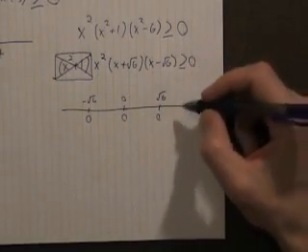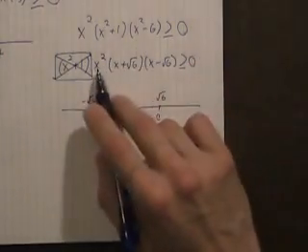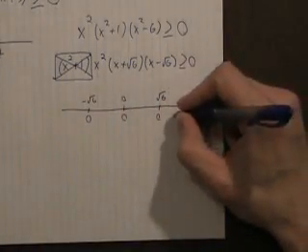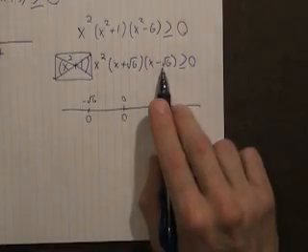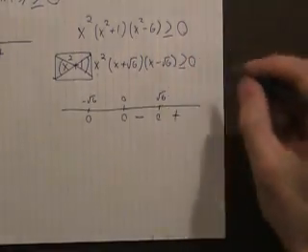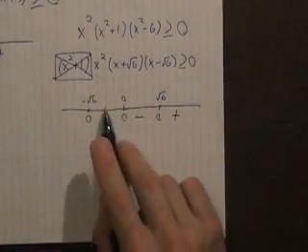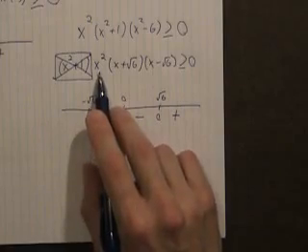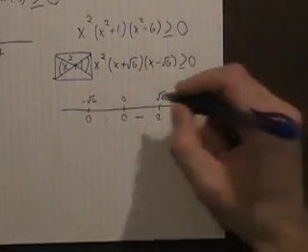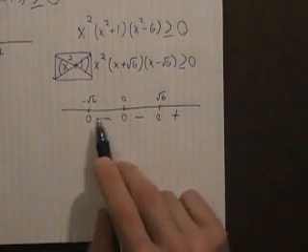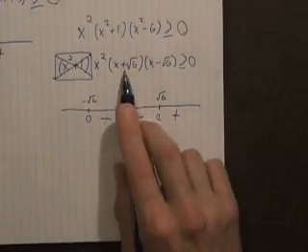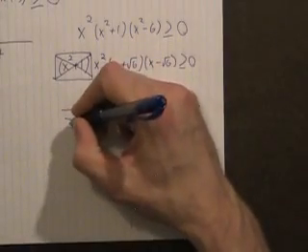So, plug in a number greater than radical 6. Clearly everything is going to be positive, so we write positive. When we cross over radical 6, this factor changes sign, so negative. When we cross over 0, 0 appears an even number of times, so that will not incur a sign change. And then finally when we cross over here, this factor will change sign, and we'll get something like this.